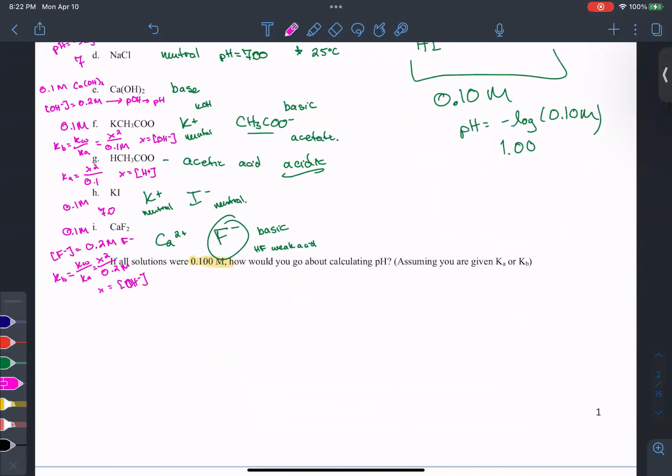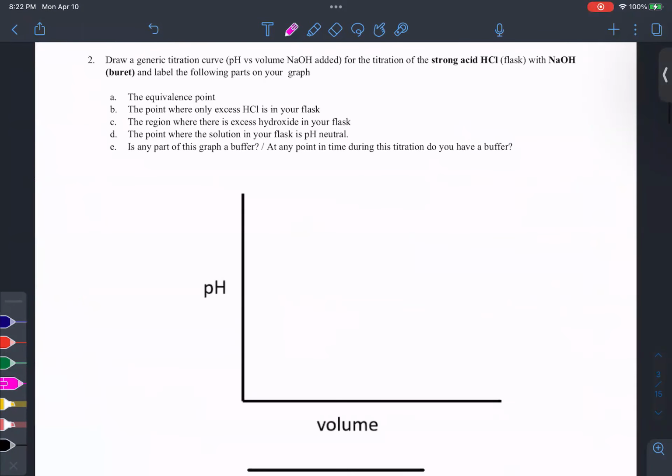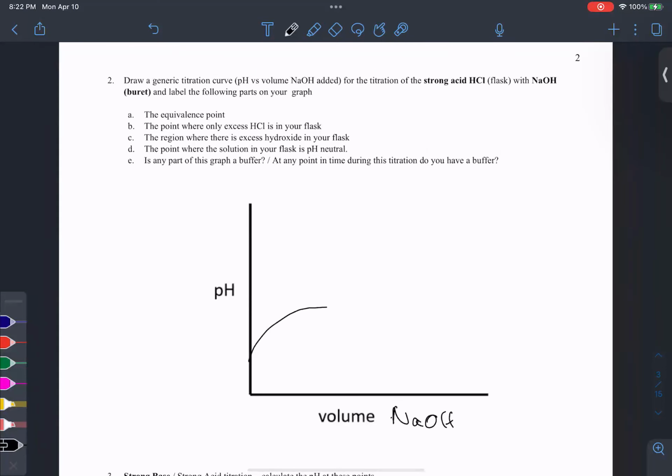So on a titration curve, there's a couple things to understand what we're looking at. So let's draw a generic titration curve of a strong acid being titrated with sodium hydroxide. So the pH is going to start acidic and then go more basic. If we label these regions, this vertical inflection is our equivalence point.